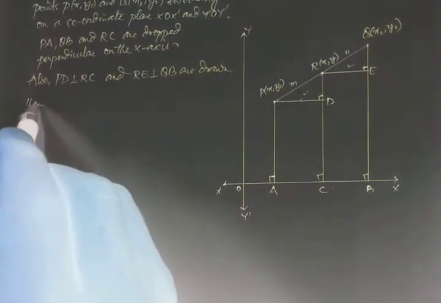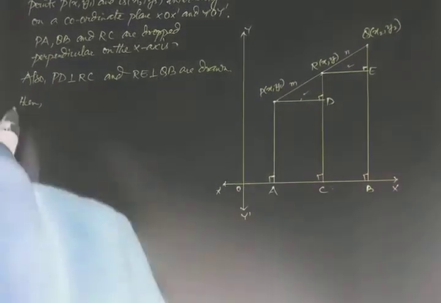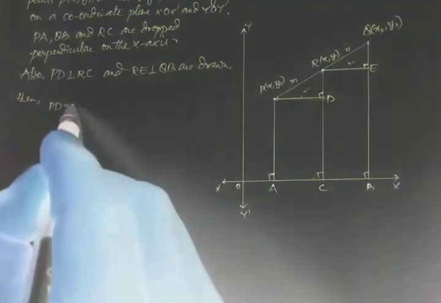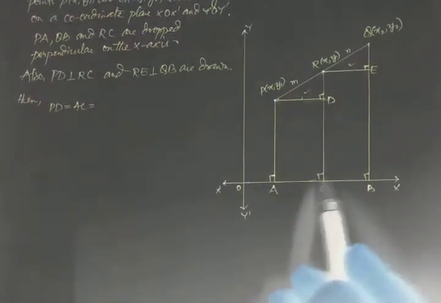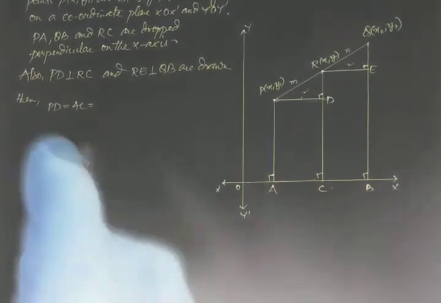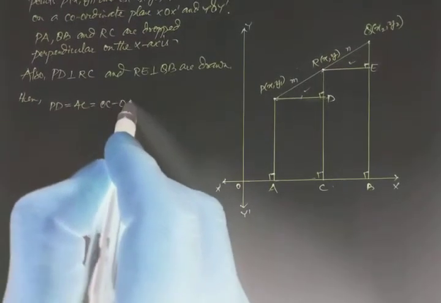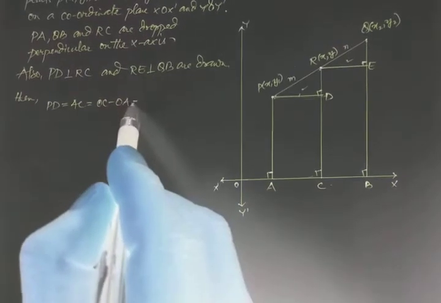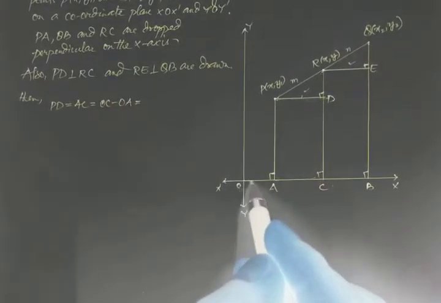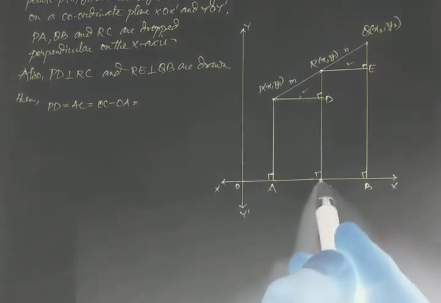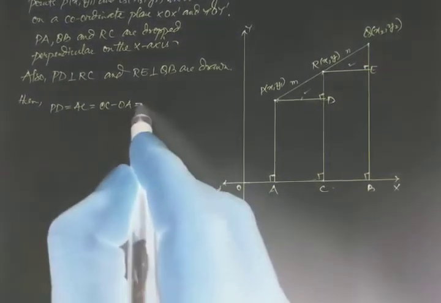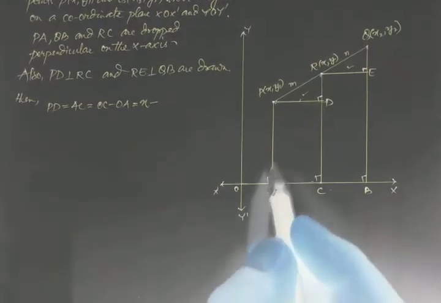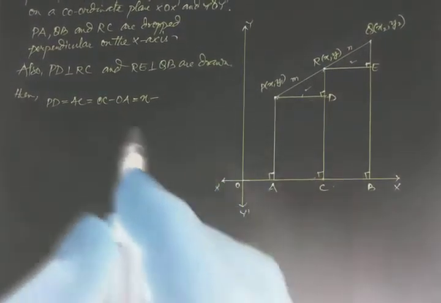Then to find out PD, PD is equal to AC, and AC is equal to OC minus OA. Now OC is the distance on the x-axis for the point R, that is x. OA is the distance of the point P on the x-axis, that is x1.